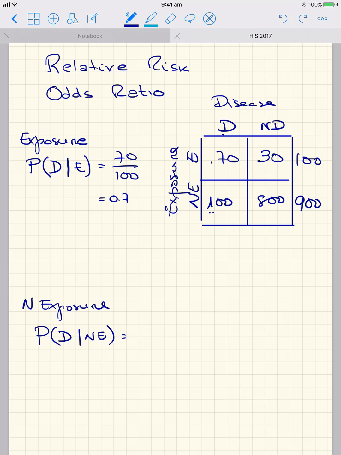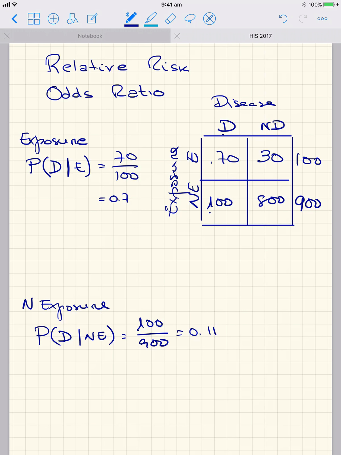This is 100 divided by 900, which is 0.111. Let's round it to 0.11.